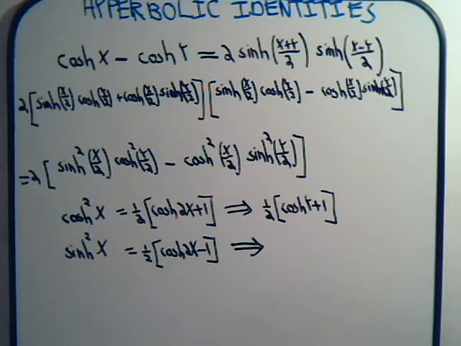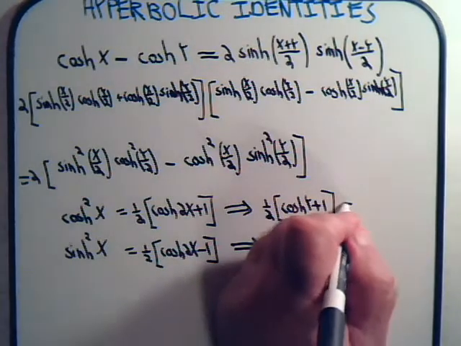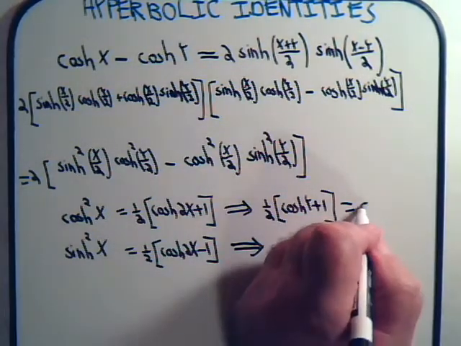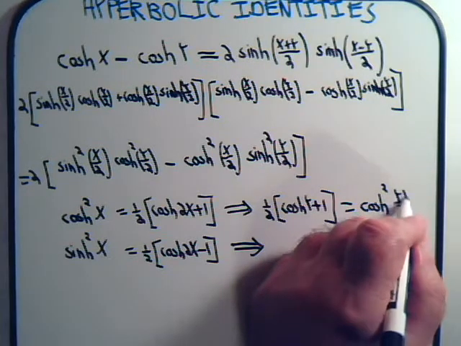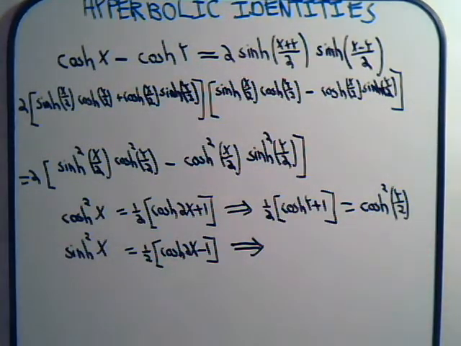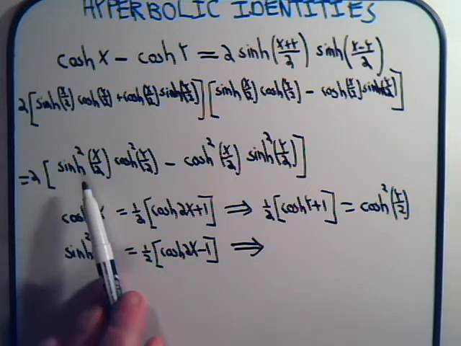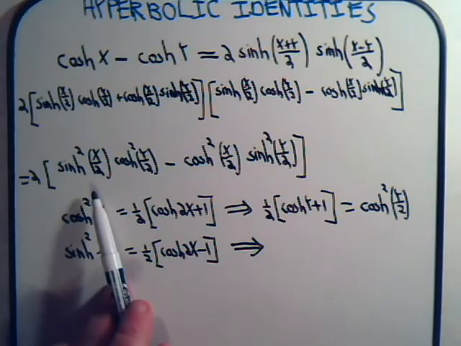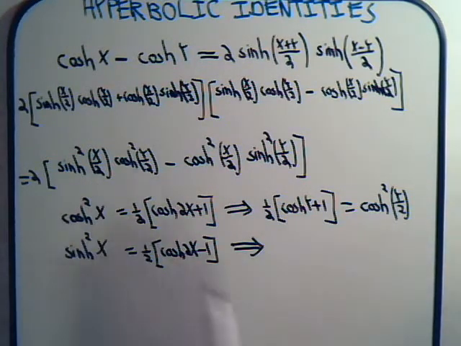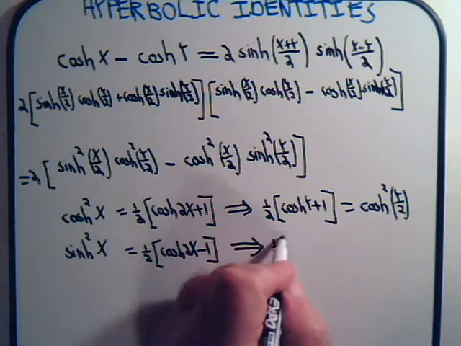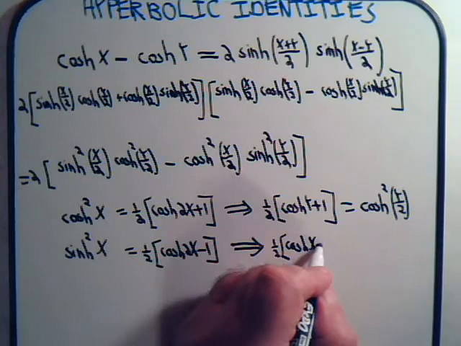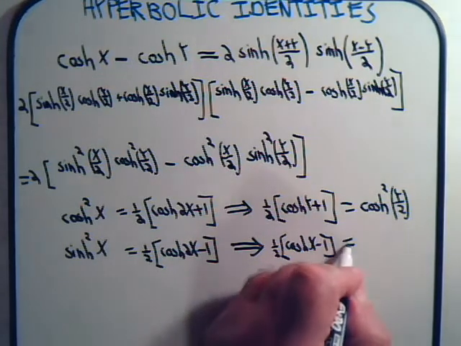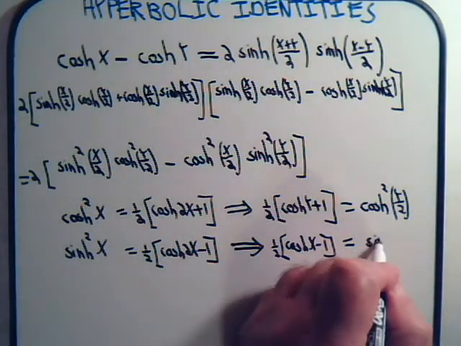So here then, for the hyperbolic sine squared of x over 2, that's going to be 1/2 the hyperbolic cosine of x minus 1. That is this term here.